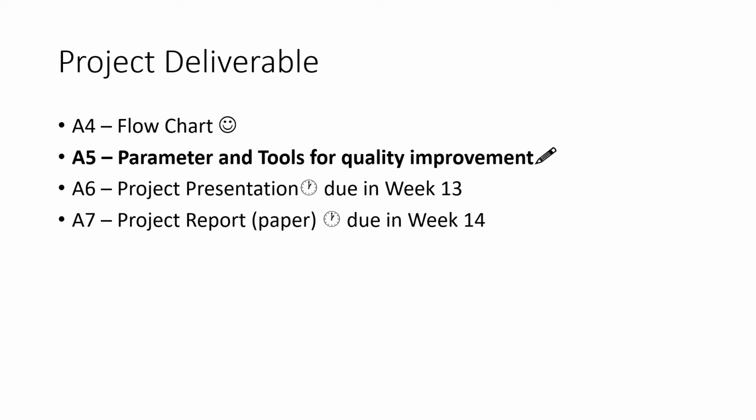Because we have already completed the flow chart last week and this week we have no class, I want you to spend some time this week to identify 3 things.